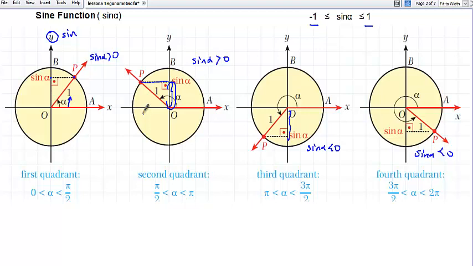After this point, it continues to decrease, now negatively. After this part, it starts to increase again. But as I said, here it is negative, so in the third quadrant it is negative. In the first and second quadrants, sine alpha is positive.